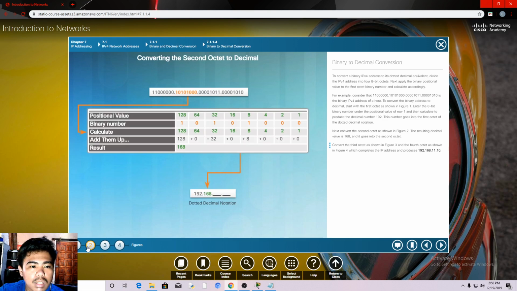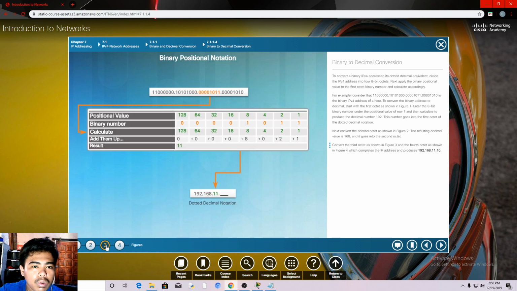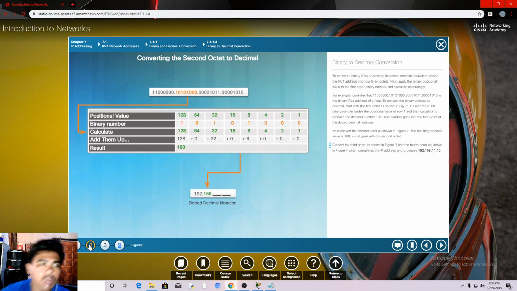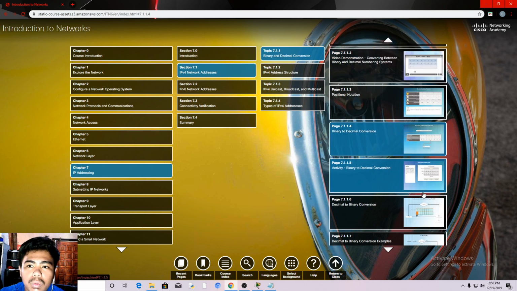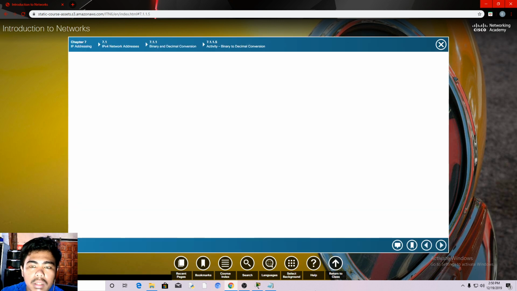As well as figure 2 and figure 4, and just finding or completing the IP address using the dotted decimal notation. So let's try an activity here.